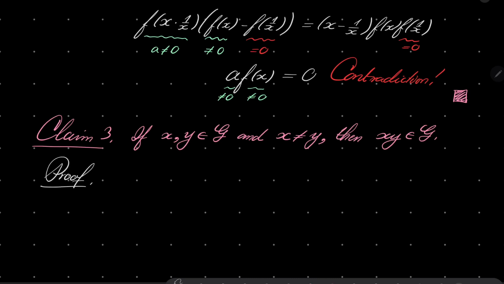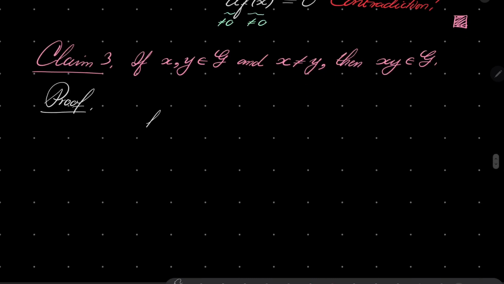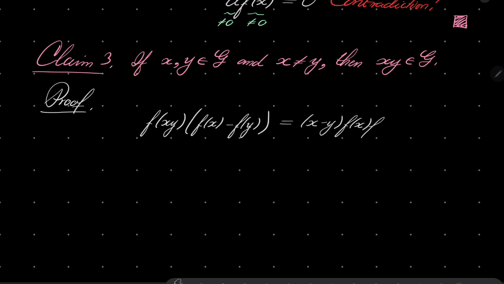By our equation, let's just take a look at our functional equation. f of xy, f of x minus f of y equals x minus y, f of x, f of y. Yes. Now let's take a look. We are assuming that f of x is not 0, f of y is not 0, and we are assuming that x and y are different.